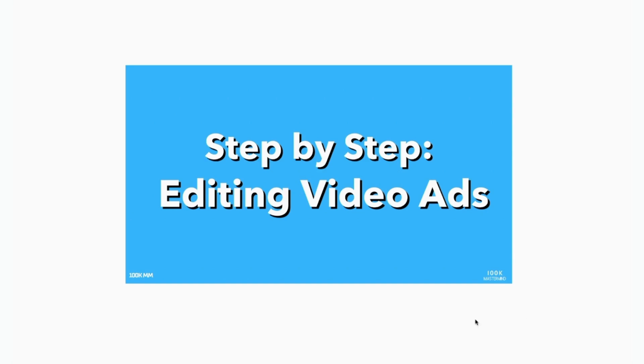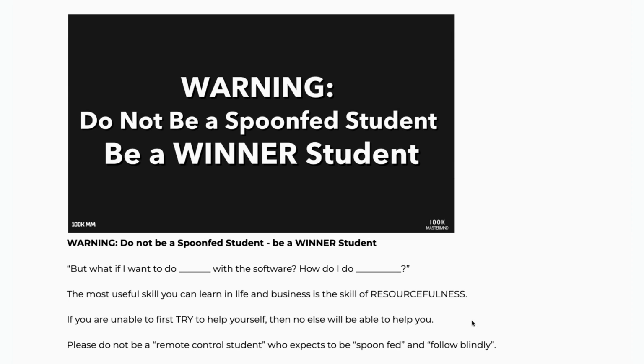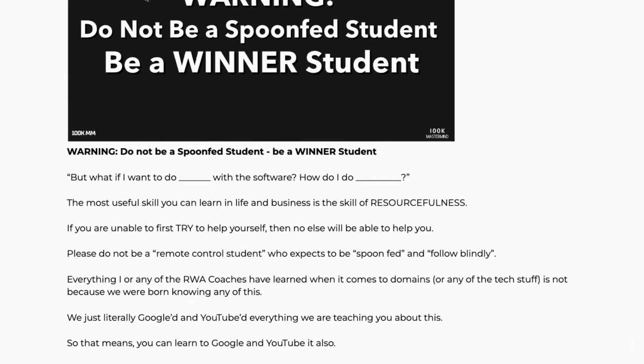Okay. Now, having said that, one of the big warnings I want to talk about here is do not be a spoon-fed student. Instead, learn to be a winner student. Because sometimes a student might ask the question, hey, but what if I want to do X with the software? How do I do XYZ? Here's the thing. Everything that we know about these softwares, we learned from Google, from YouTube.